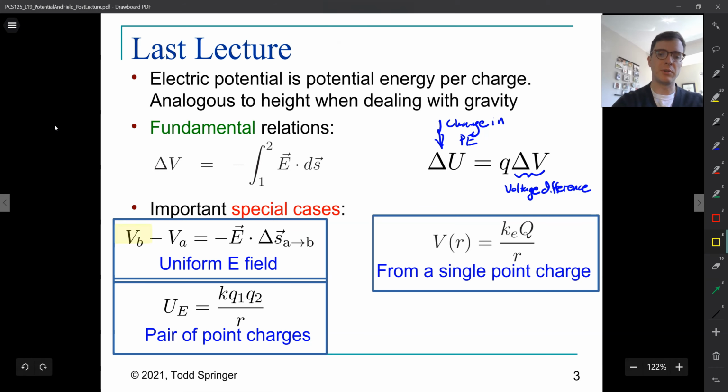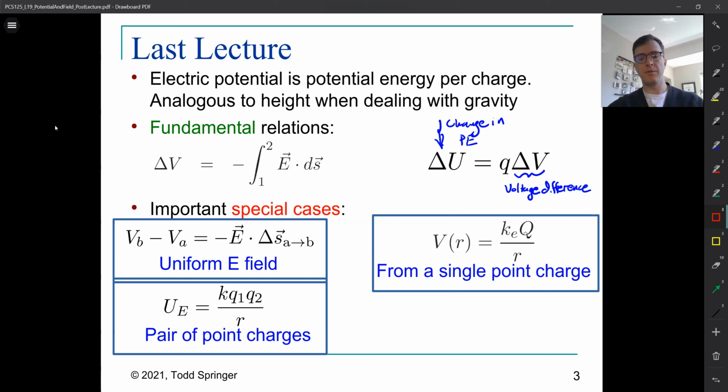In a uniform electric field, where the electric field has constant magnitude and constant direction, this integral is easy to do because E is constant. It can come outside of the integral. And I get that the potential difference between 2 points goes linearly with the displacement. Specifically, it goes as the dot product, E dotted with delta S, where delta S is a vector connecting the 2 points, 1 and 2.